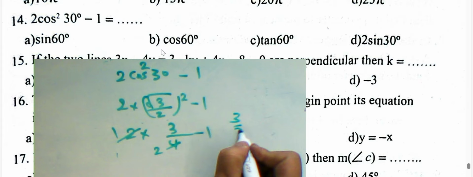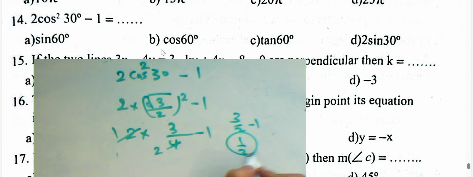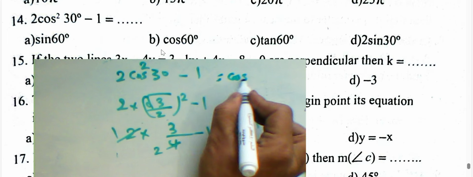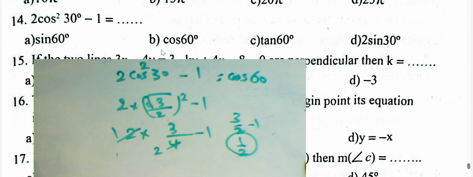It will be 3 over 2 subtract 1, which is a half. The answer here will be half, 1 over 2. 1 over 2 is equivalent to what? Sine 30, or cosine 60. The answer is equivalent to cosine 60.